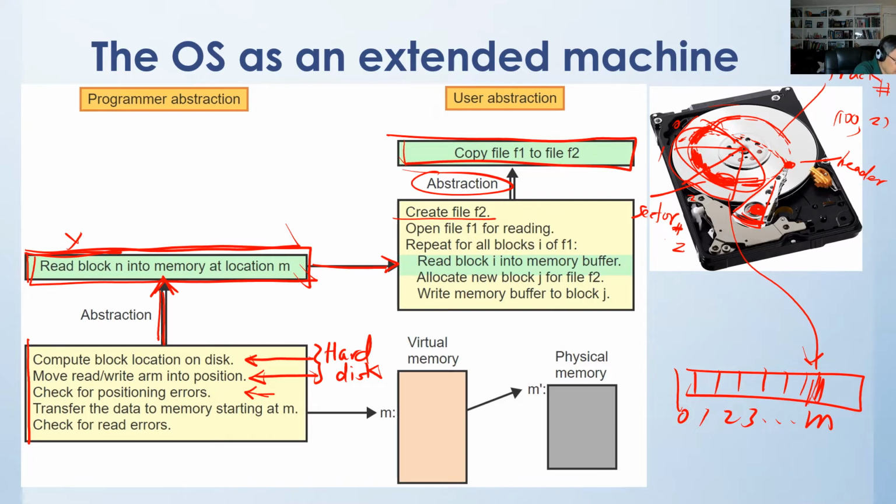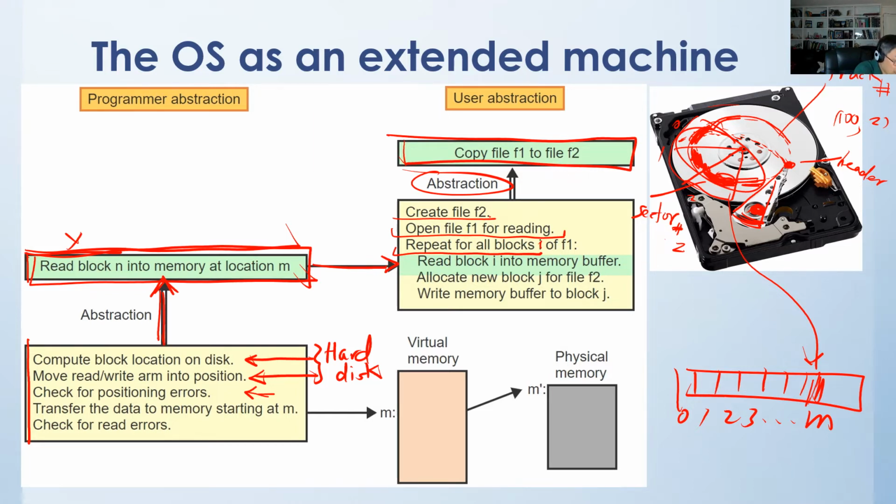First you create file F2, the target file, and then open file F1 for reading and repeat for all blocks i of F1. If F1 takes 4 blocks, then you do the loop for these 4 blocks: block 0, block 1, block 2, block 3.